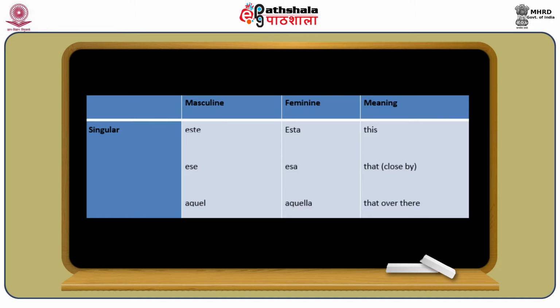Then the 6 forms in masculine and feminine singular are este, esta meaning this, ese, esa meaning that which is close by, and aquel, aquella meaning that over there.